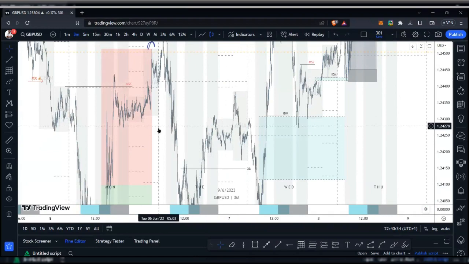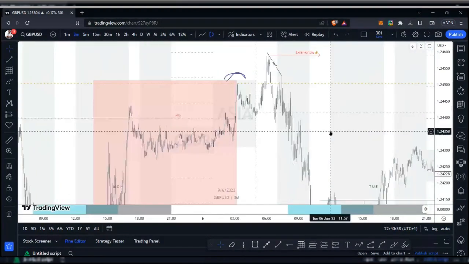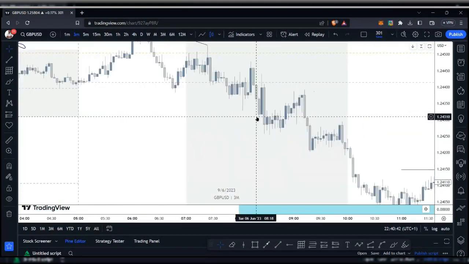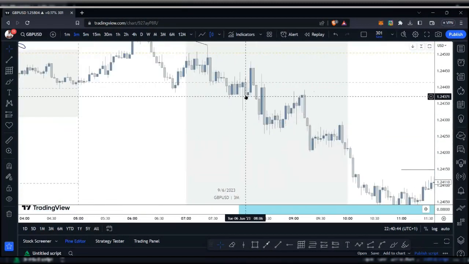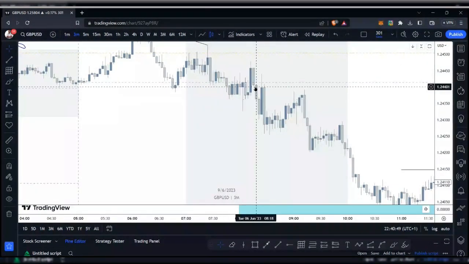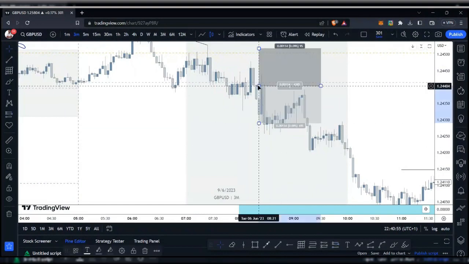Tuesday, right? Yeah, Tuesday. Okay, so this was Tuesday. This was that high. So all they just did was, okay, there was an imbalance. So let's say your trade somewhere here stops somewhere here.